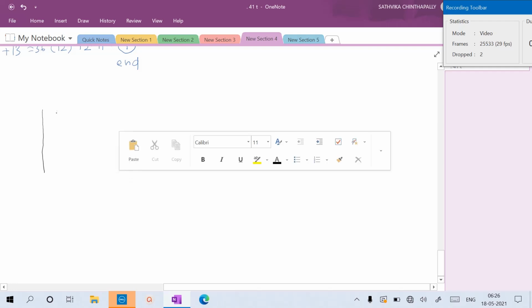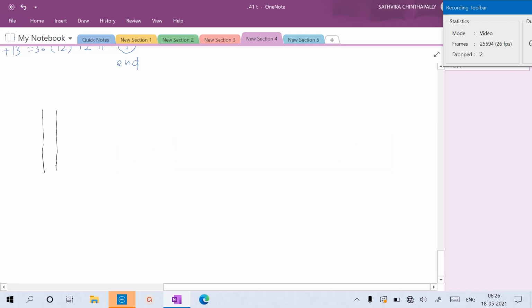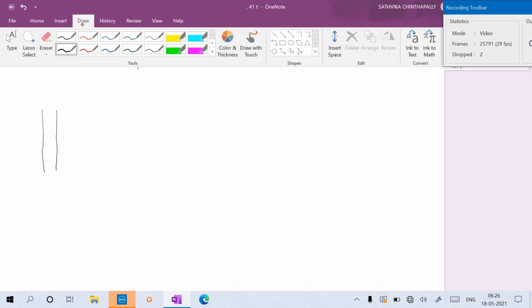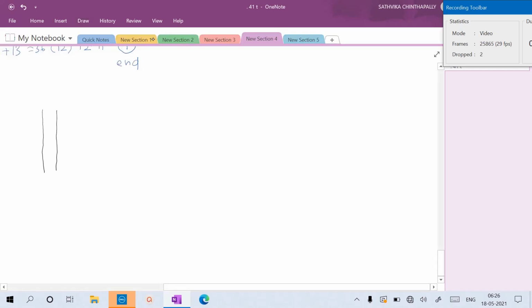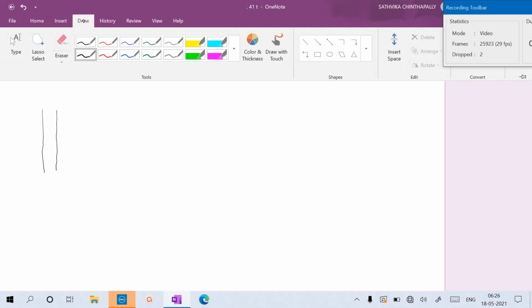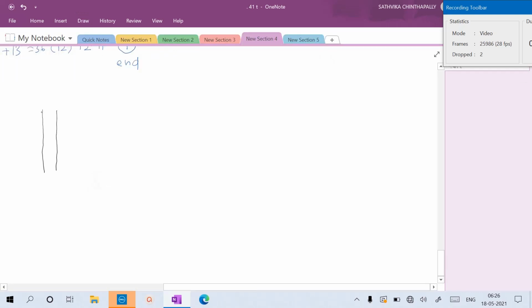So dear students, make a small line here. Take a small line and take this one line with the H pencil.